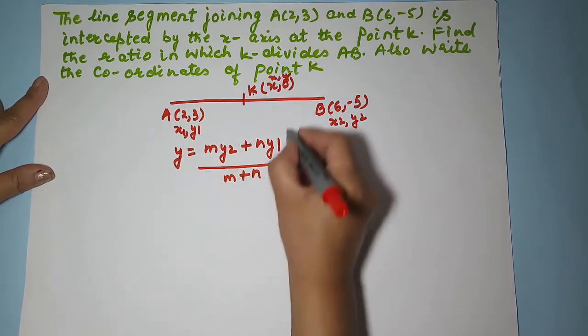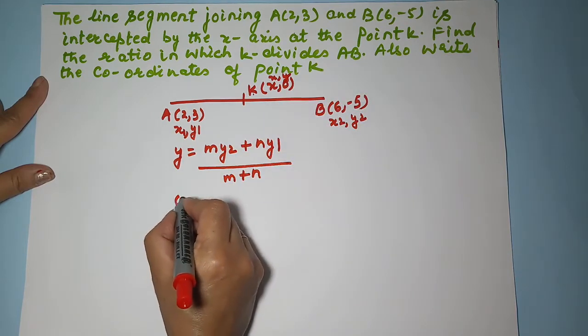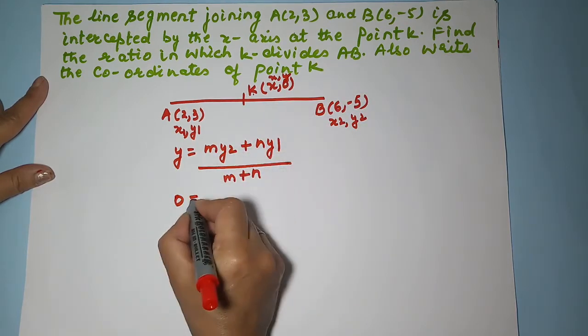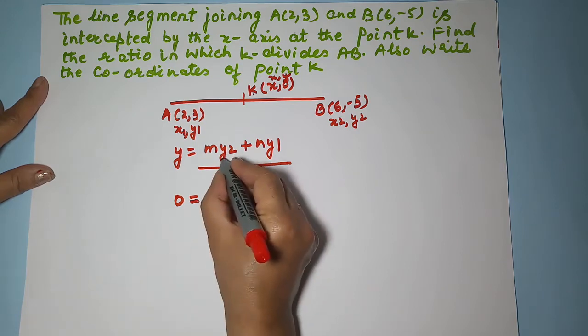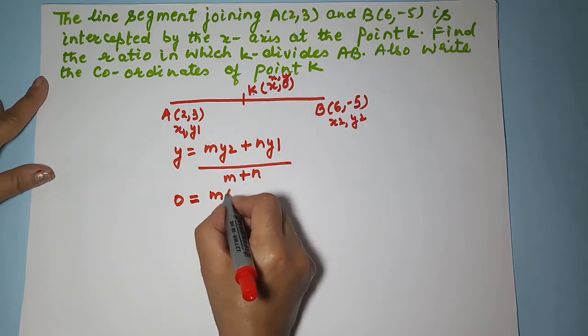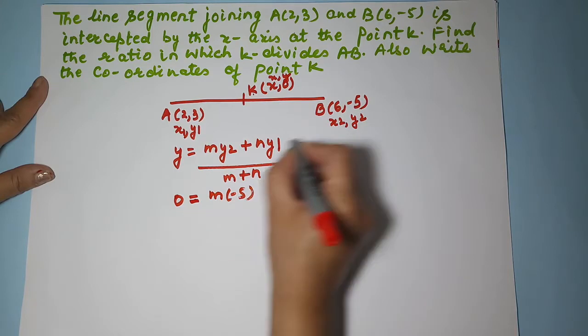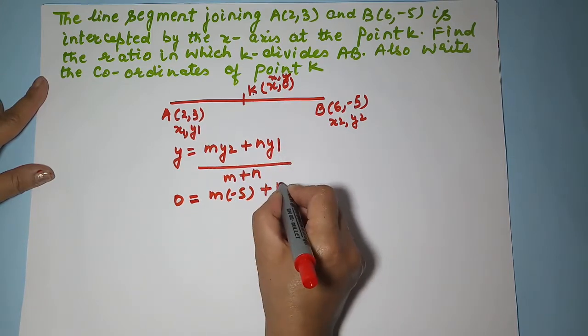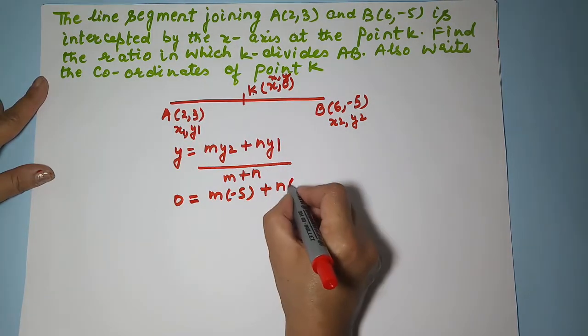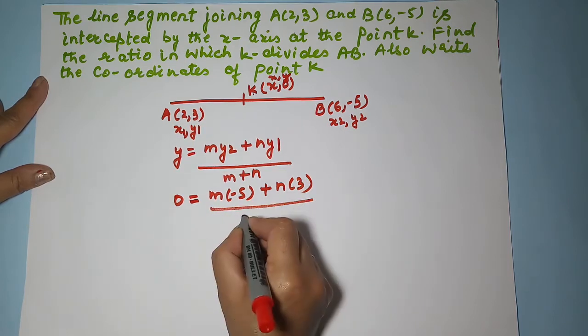Now what is my y coordinate? My y coordinate is 0. What is my m? I don't know. I have to find that. What is my y2? It is -5. What is my n? I don't know. I have to find that. And what is my y1? It is 3.